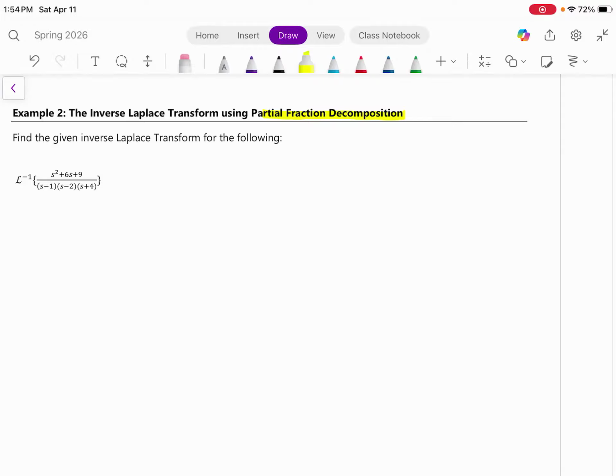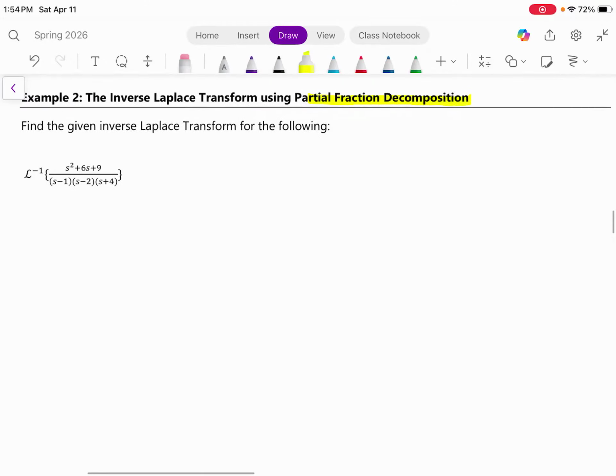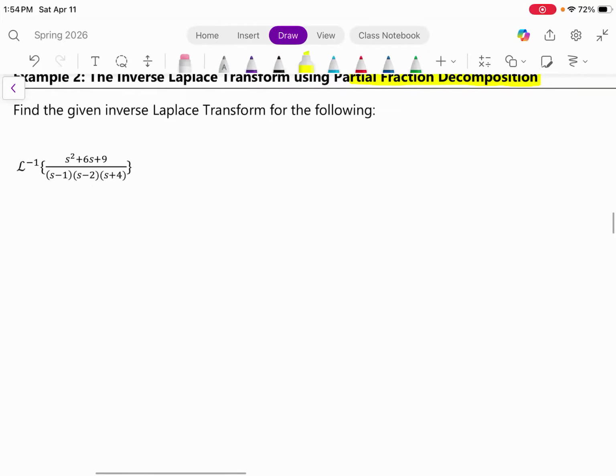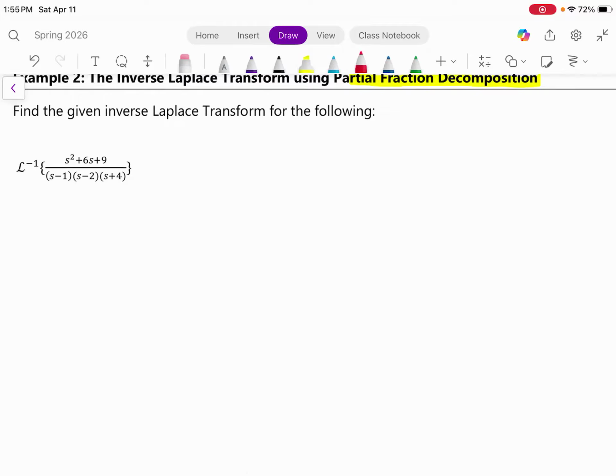We're going to try to inverse Laplace the following function: s squared plus 6s plus 9 over (s minus 1) times (s minus 2) times (s plus 4). So here we have to use partial fraction decomposition.